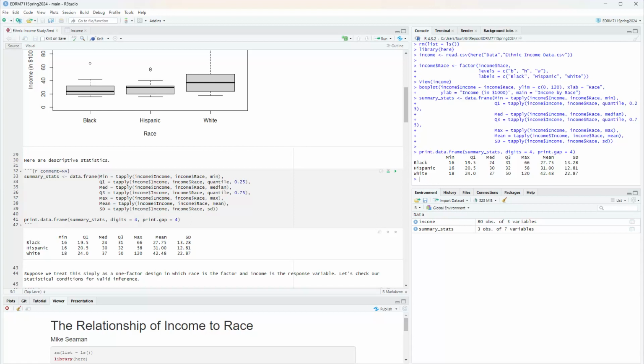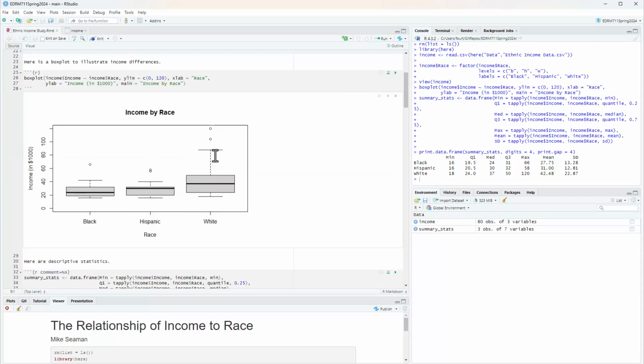Focusing on both the medians and means as the centers of our distribution, I can see that there is a higher income, both median and mean for white, although I notice the mean is quite a bit higher than the median because we have this skewed distribution.